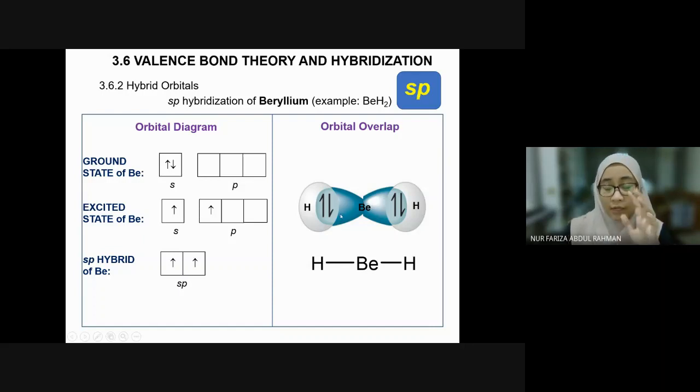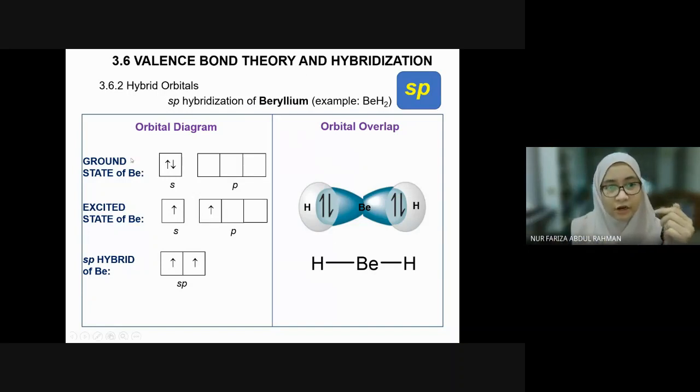Okay, alright, so from the Lewis structure, we could see that in order for beryllium to form a bond with hydrogen, we have 2 hydrogens that will be forming bonds with beryllium. So by right, beryllium should prepare 2 unpaired electrons, right? So that hydrogen can form a bond with beryllium.